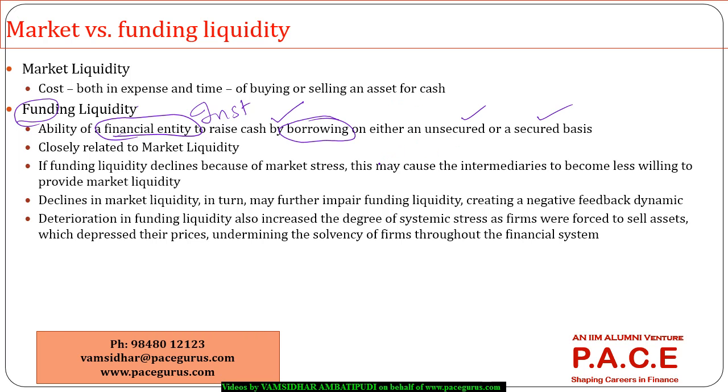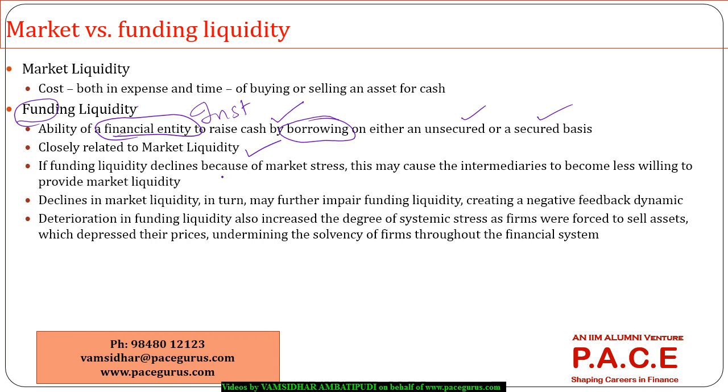If it is able to borrow quite quickly, then we say the market is very liquid. But if there is a huge difficulty for the financial institution to borrow, that is creating a situation of funding illiquidity.